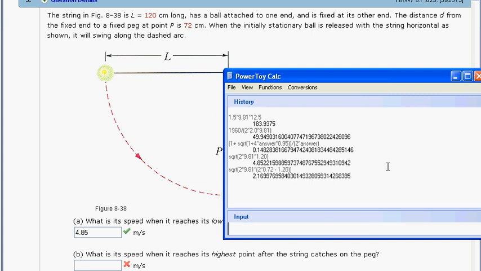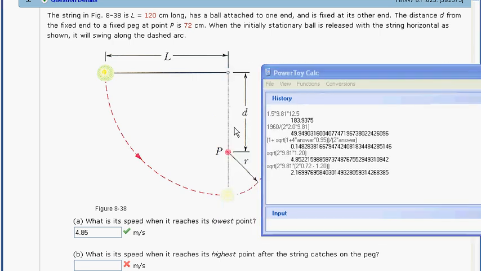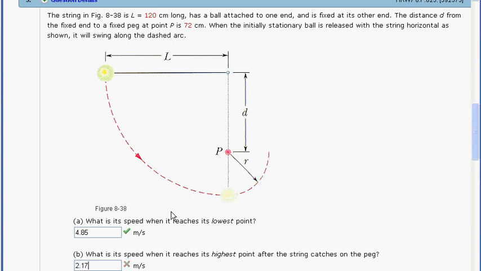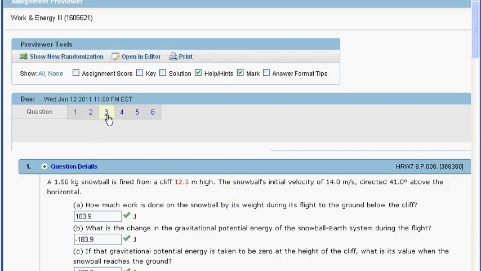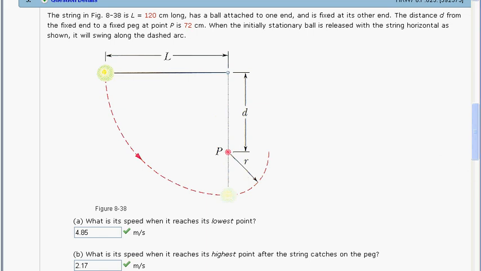So there we go, and that's going to be our speed when we get to the top of this arc up here. It's going to be 2.17 meters per second. Let's see if I'm correct about that. Yes, I am. It's a good day to be me.